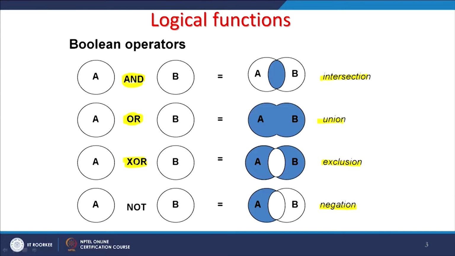XOR means exclusion, and NOT means negation. We can use a single operator, or multiple operators together, to perform analysis on our maps.